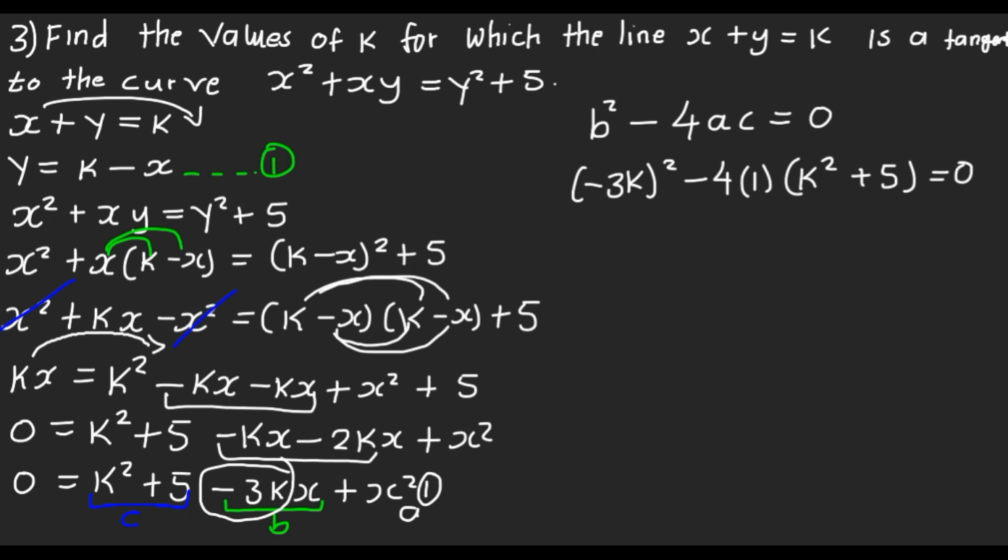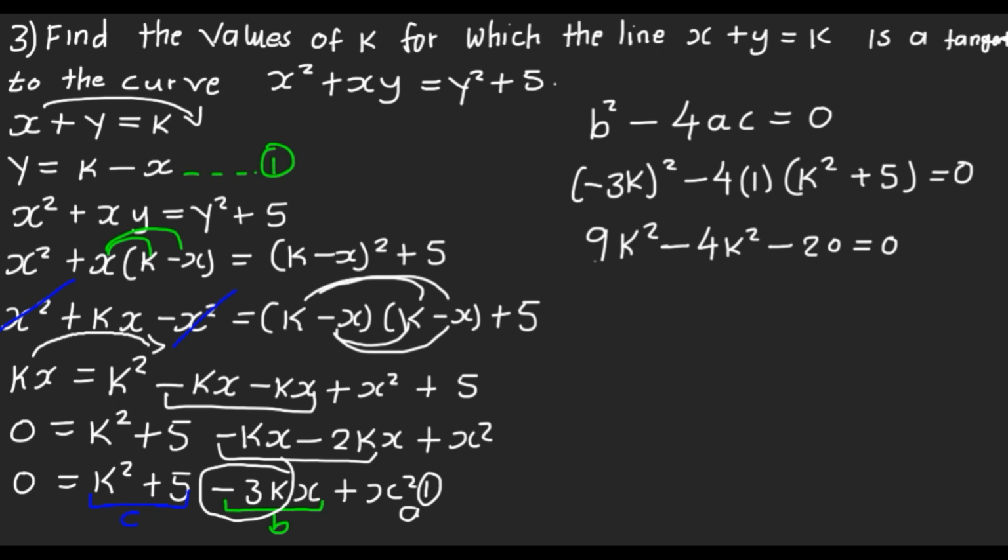So if we square, negative 3k times negative 3k will give us 9k squared. Then negative 4 times 1 is negative 4 times k squared is negative 4k squared. Then negative 4 times positive 5 is negative 20, which is equal to 0.